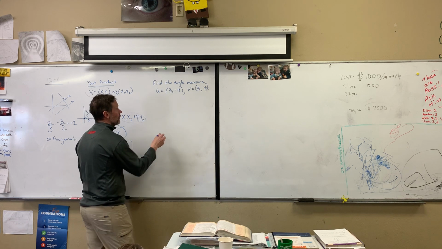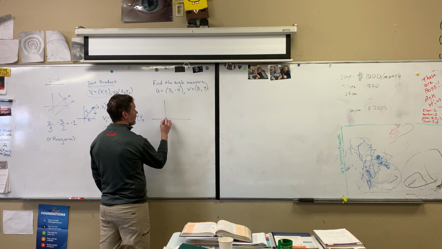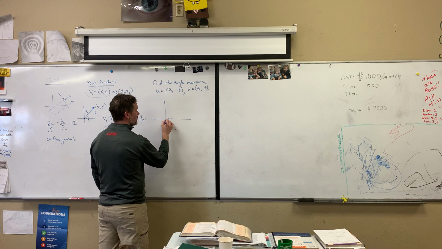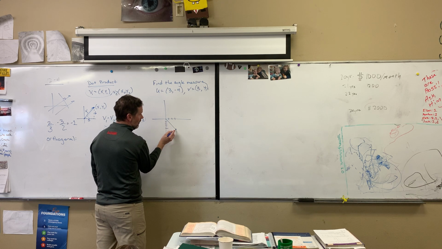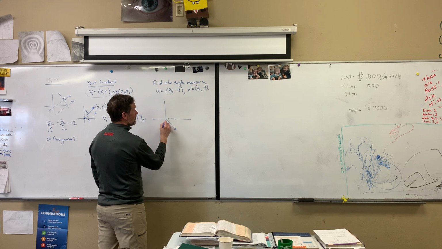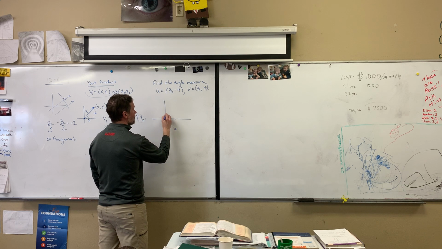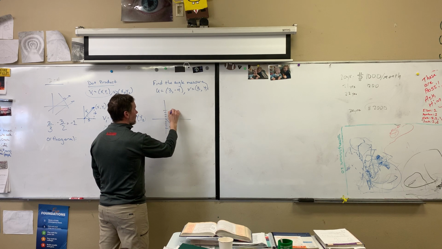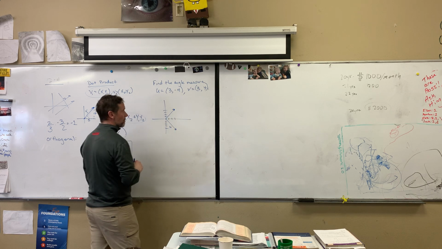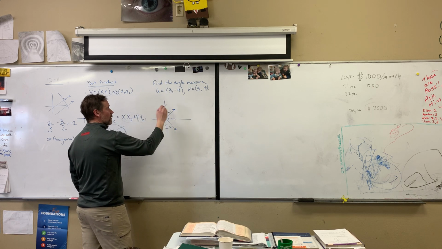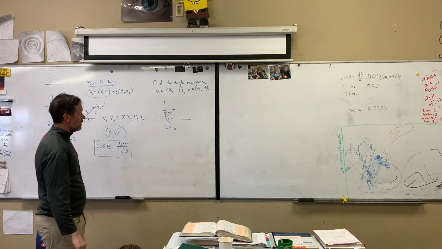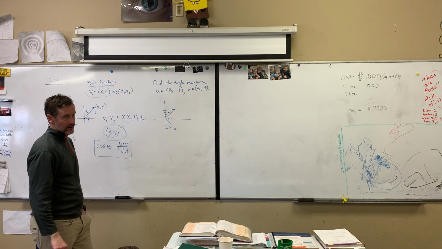What they're stating is it's coming from the origin, right? Over 3 down 4, here's your vector u. And then vector v would be over 3 up 4, like that. There's vector v.